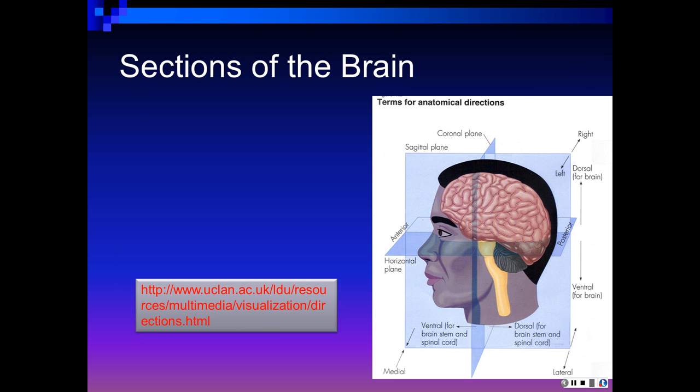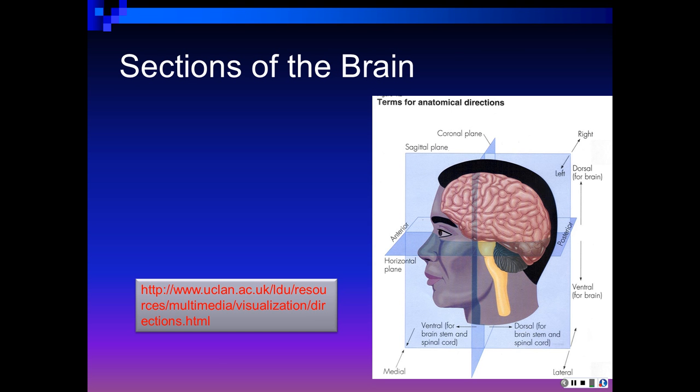Sections, there's different ways. We're going to be looking at a lot of brain sections. When I say sections, I mean cuts through the brain. And we'll be orienting to structures by looking at the brain as if we'd sliced it in various ways. Usually when you see a picture of the brain, you'll see it labeled coronal section, axial section, sagittal section.